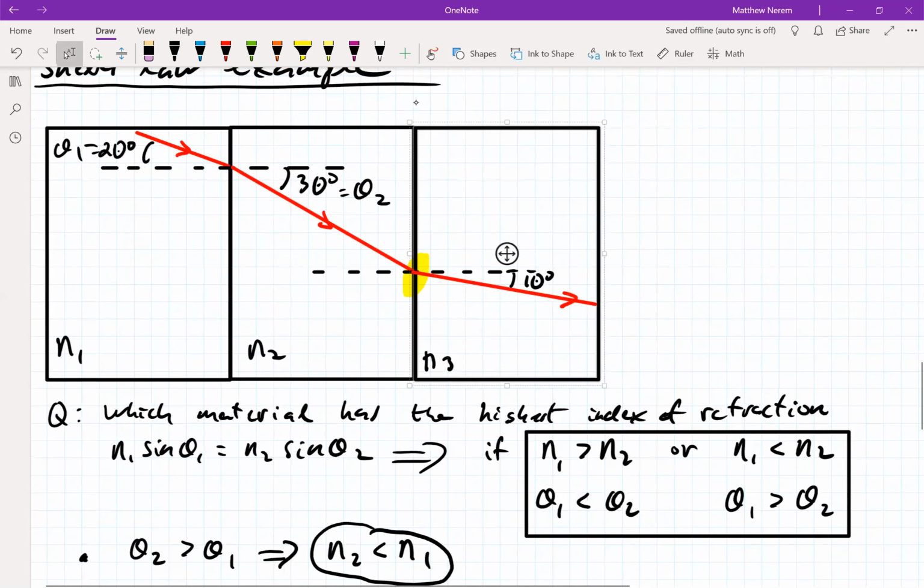So I can say at this boundary, this is 30 degrees.